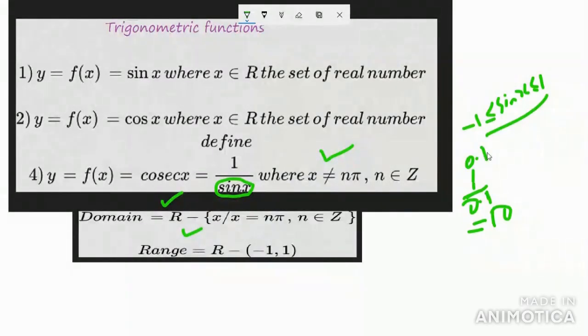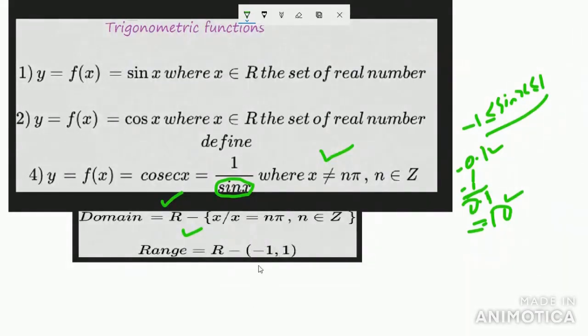Similarly, if sin x equals minus 0.1, then 1 by sin x will take the value minus 10, which is less than minus 1. Therefore, cosec x will take a value either less than minus 1 or greater than 1. It will never take a value in between minus 1 and plus 1.